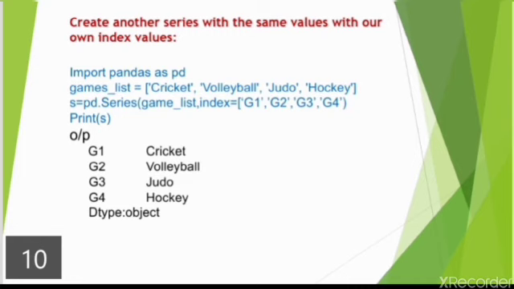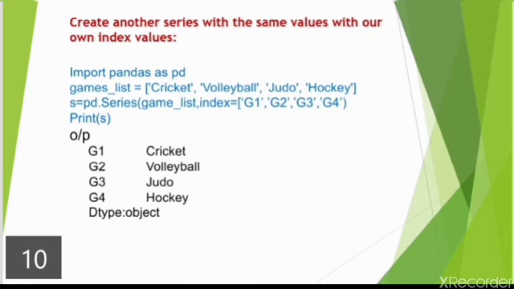Another method I am using now: create another Series with the same values with our own index values. In the previous one it started with 0 by default, but here the game list I have taken is cricket, volleyball, judo and hockey. I am using the Series function again, and I have called the variable game list here, but the index I have assigned, see, as a list G1, G2, G3, G4.